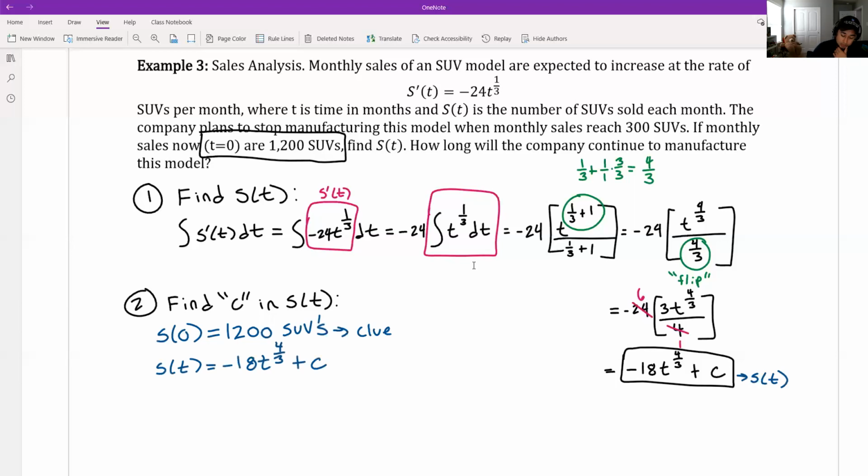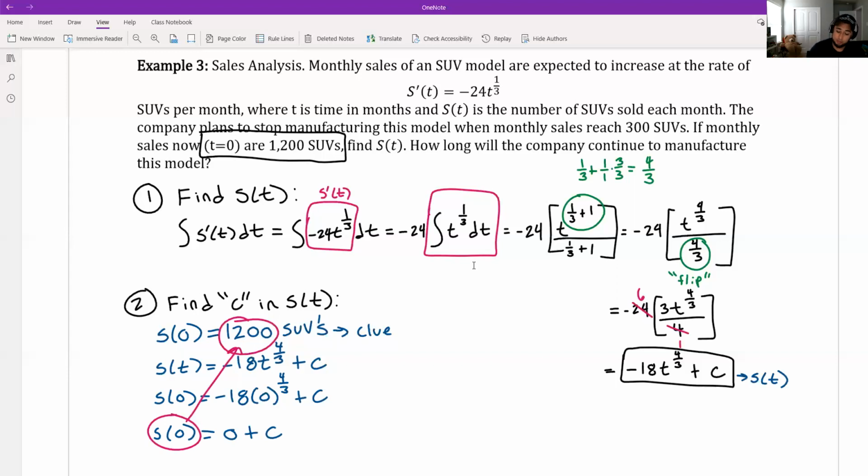So just like the last problem, we're going to take 0 and plug it in for t. So we'll get S of 0 equals negative 18 times 0 to the 4/3 plus c. Well, that becomes S of 0 equal to 0 plus c. And now, using the clue, we know that S of 0 will become 1200.